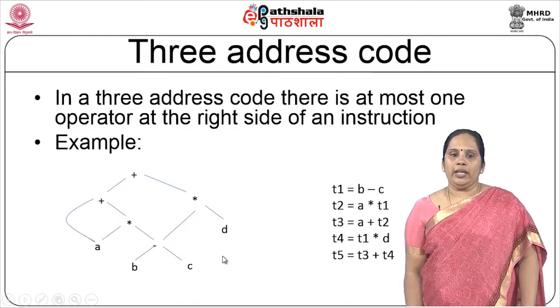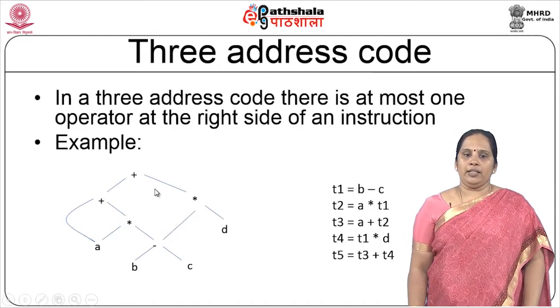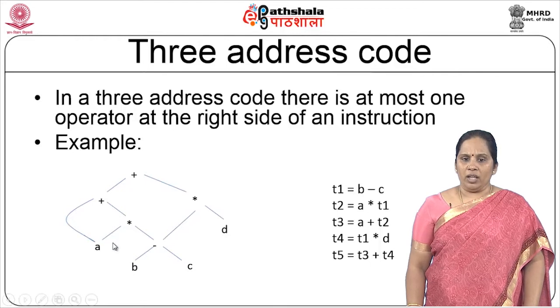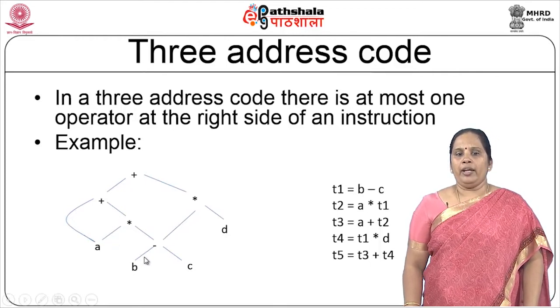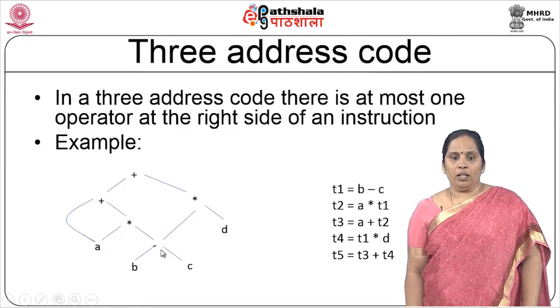Now as you can see, this is an abstract syntax tree representation, where I am looking at computing the internal nodes. The internal nodes are referred to with respect to temporary variables.